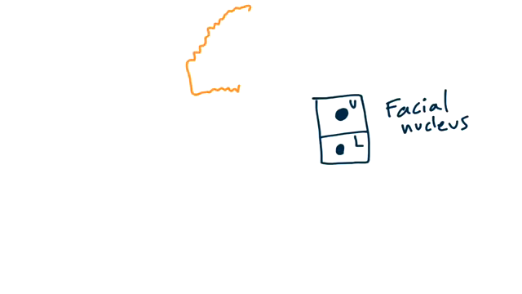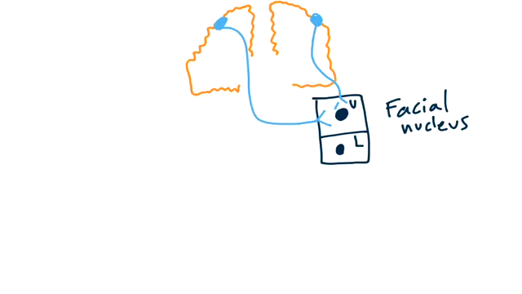So this will represent the primary motor cortices. And again, the upper component receives dual innervation. So innervation from both the left and right primary motor cortex. On the other hand, the lower component only receives innervation from the contralateral cortex. So like this.